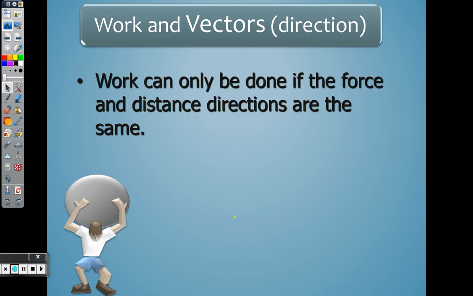So when we're talking about this, we have to make sure that the distance traveled and the force applied are in the same direction. Because if they're not, then there's no work done.